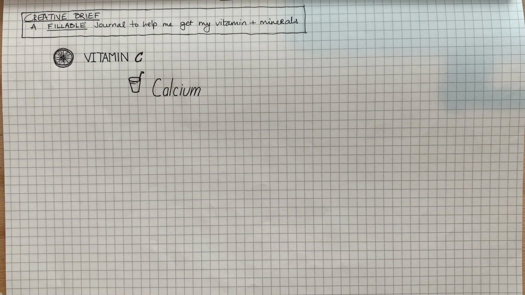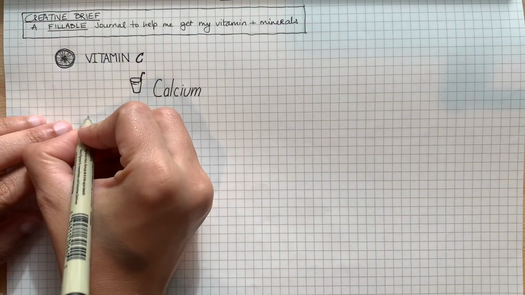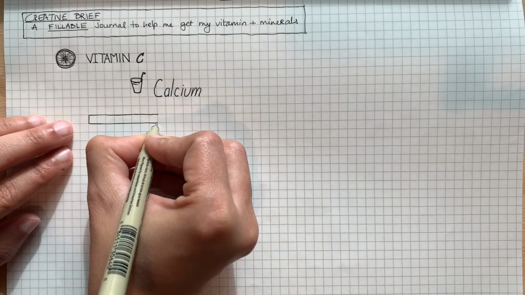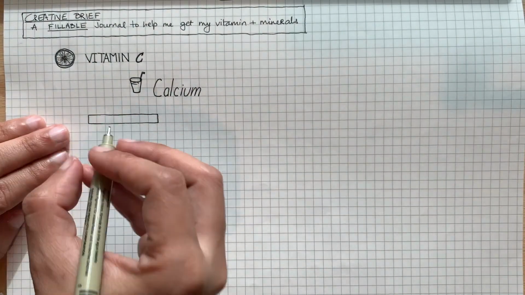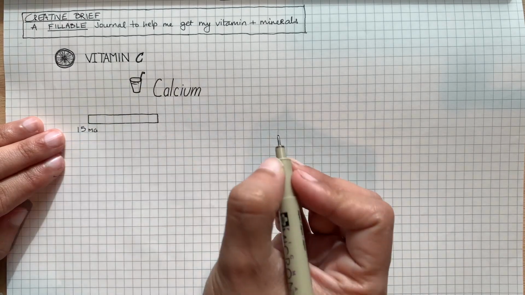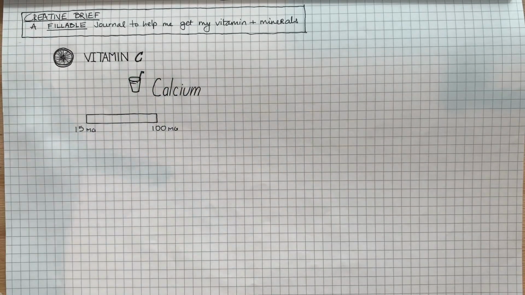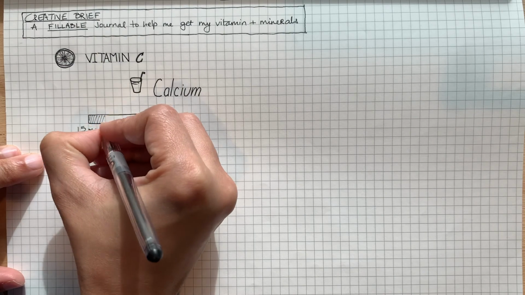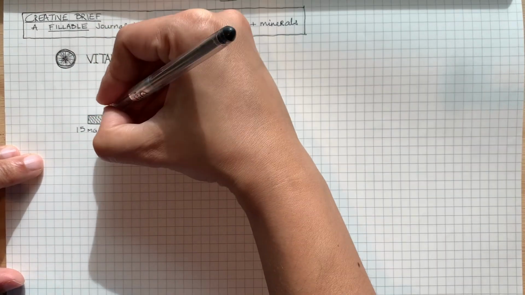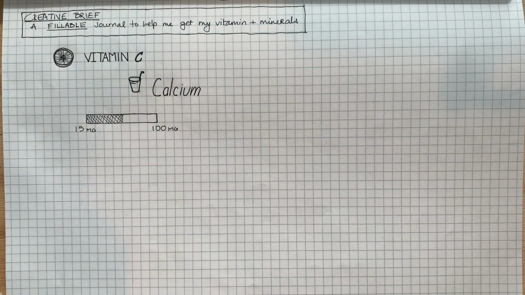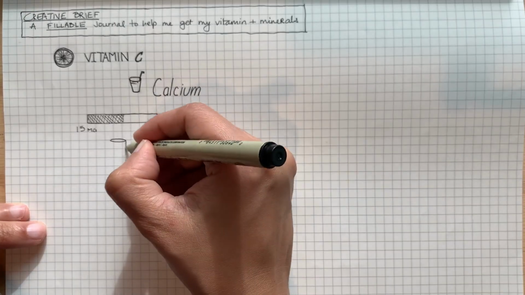based on my creative brief, which is to create a fillable journal to help me keep track of the vitamins and minerals that I'm getting. So here what I'm doing is creating little ways to track things.